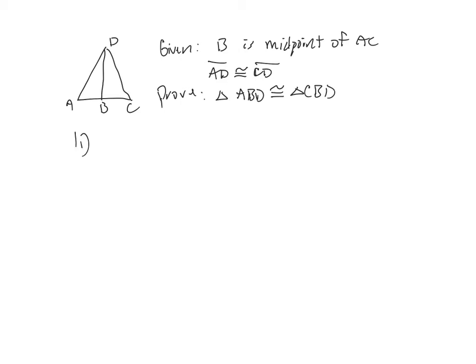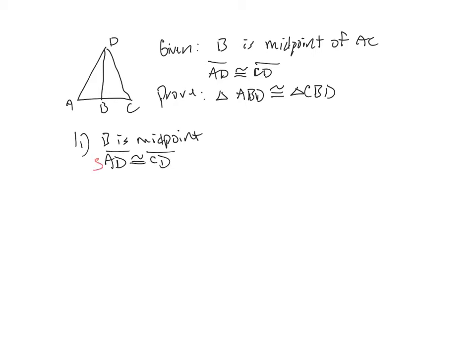So step one, B is a midpoint and AD is congruent to CD.